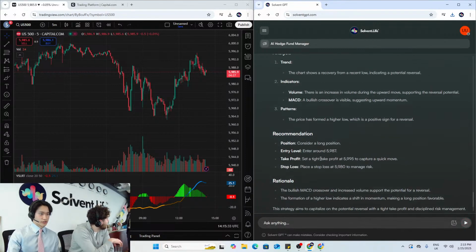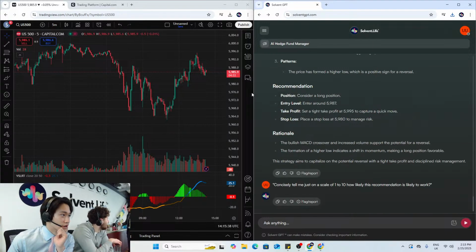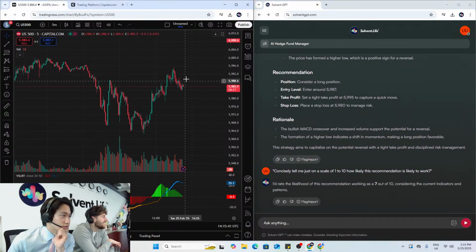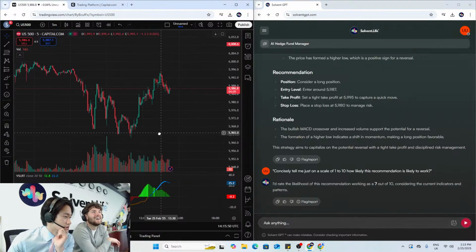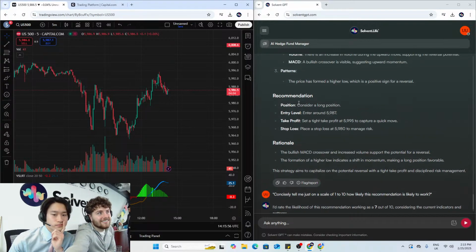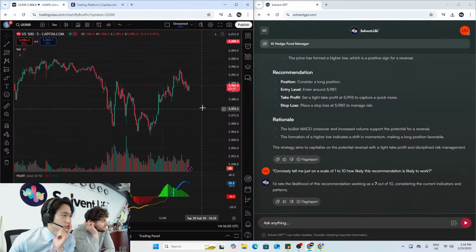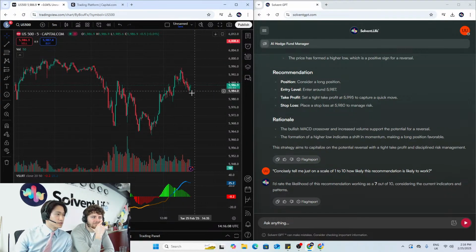So look, now it's saying to consider the reversal here. Consider a long position, enter around 5987, take profit at 5995. 7 out of 10, GPT says there's a reversal here. Let's give it a few minutes. It's still not at 5987 right now. It's about to reach that.